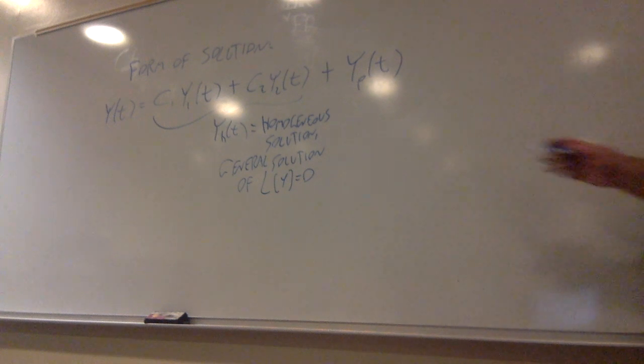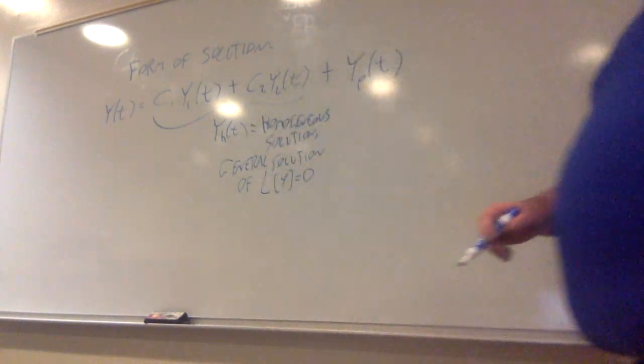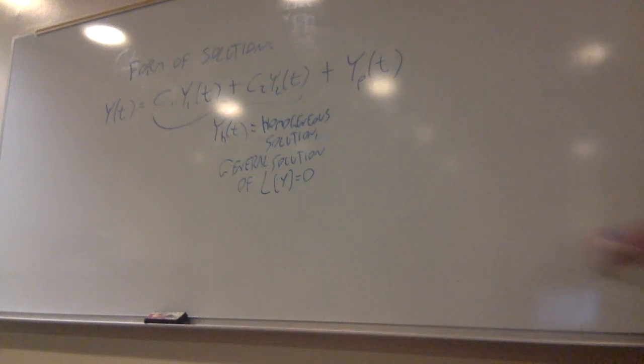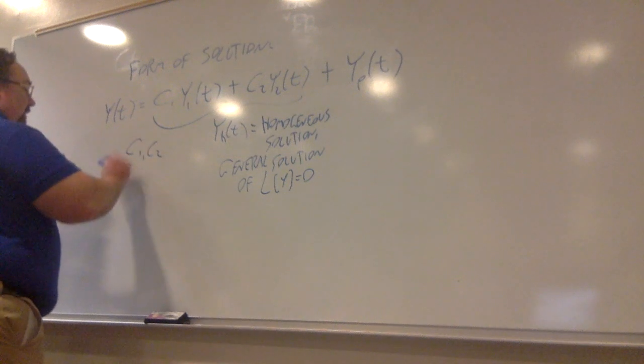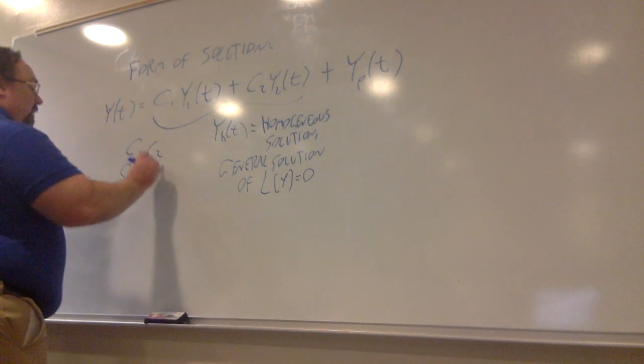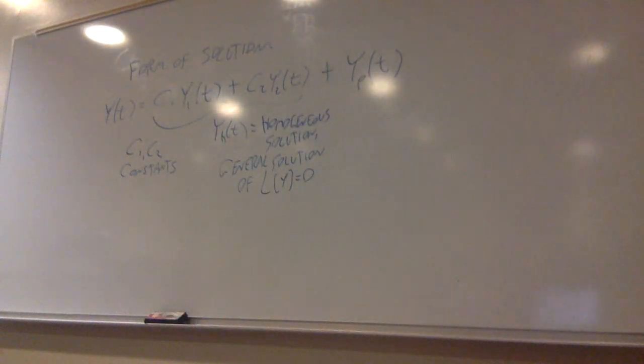All solutions of the homogeneous equation have this form, where C1 and C2 are allowed to be any constants whatsoever. How do you get the constants? From your initial conditions. You have two initial conditions, you have two constants to find. Just like with linear problems before, you had an initial condition, you had a plus c in there somewhere, and you used the initial condition to find out what this plus c was.